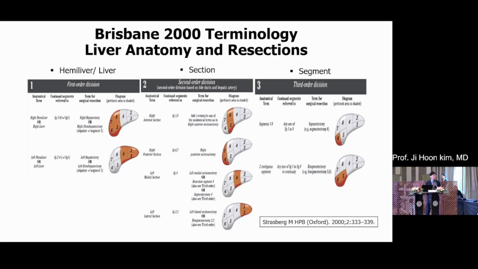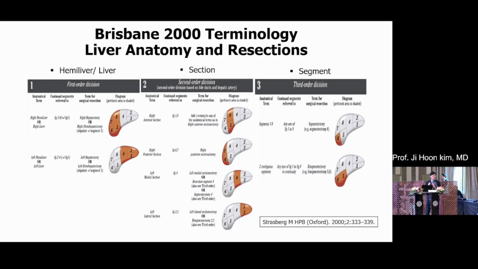Based on these studies, the Brisbane 2000 terminology was popularized, and this is the formal terminology between surgeons, radiologists, hepatologists, and liver surgeons. The first division is the hemiliver.